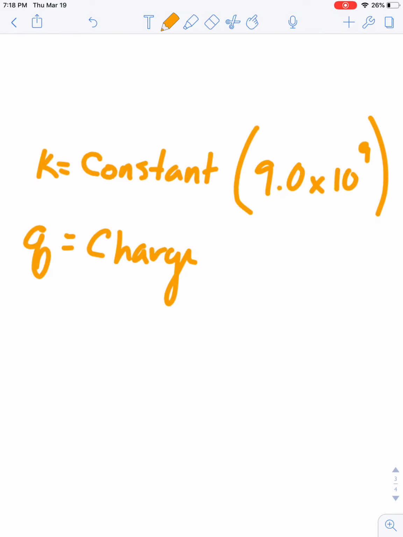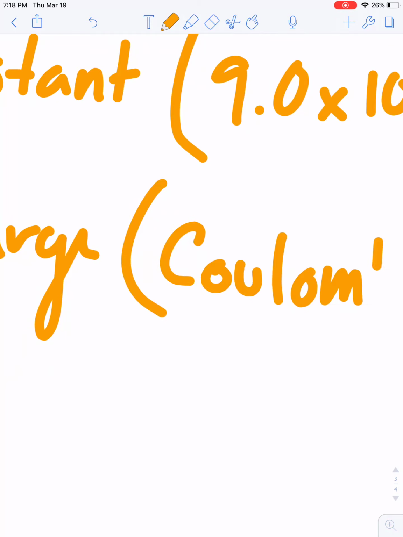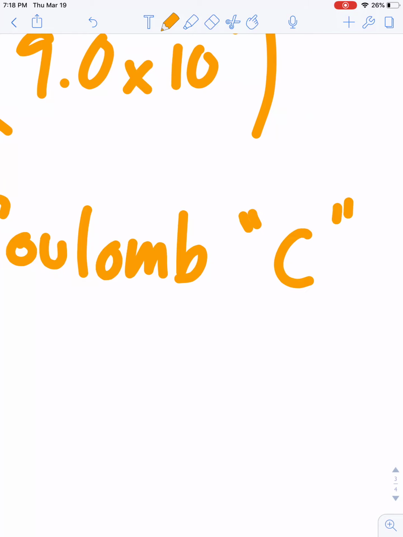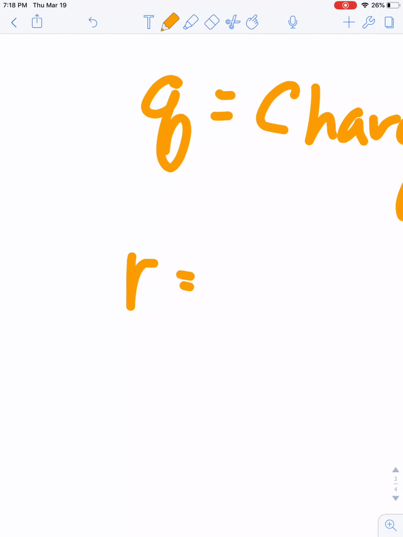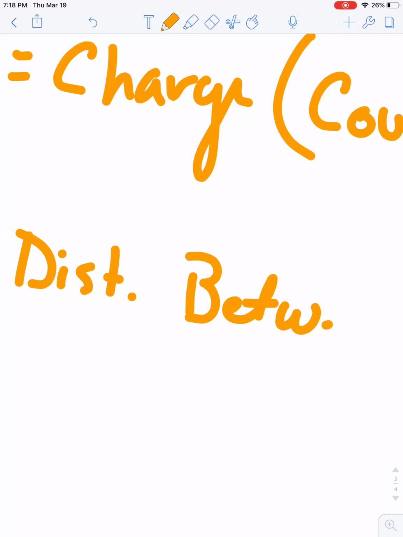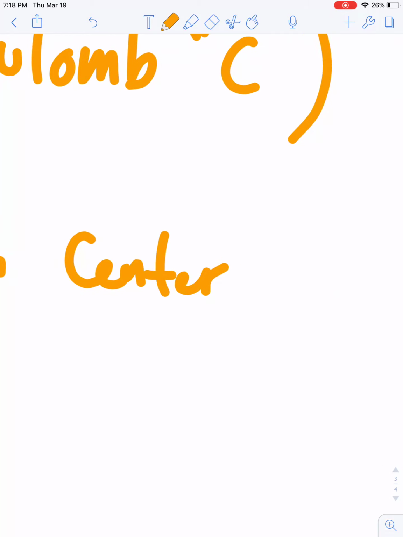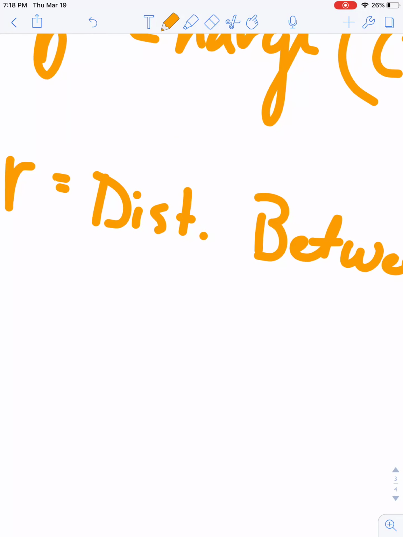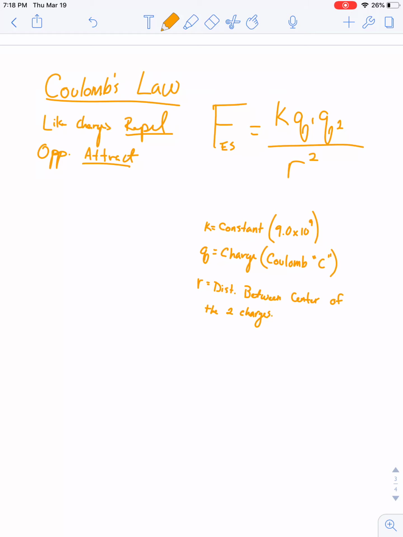Q is our charge, and I want to state that a coulomb is going to be the unit for charge. And then radius is the distance between charges, or the center of charges. Okay, so those are our pieces of the puzzle there.